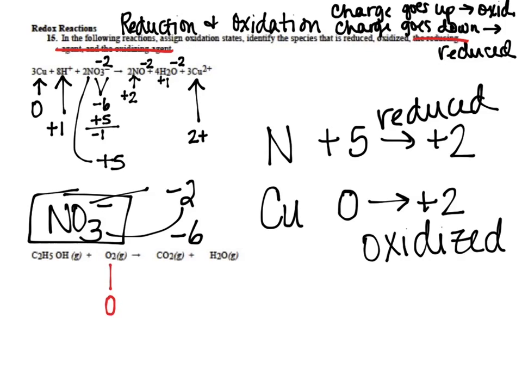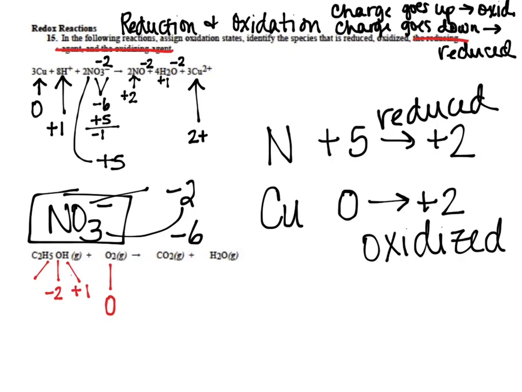If I go to C2H5OH, oxygen is -2. There are very rare cases where you see hydrogen as a -1, so I usually put it as a +1, just because you rarely see it. So we're just going to give hydrogen +1.